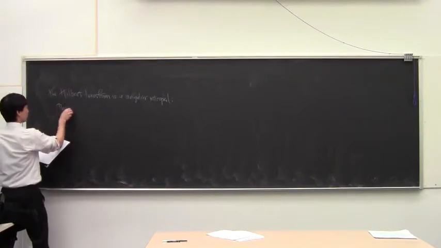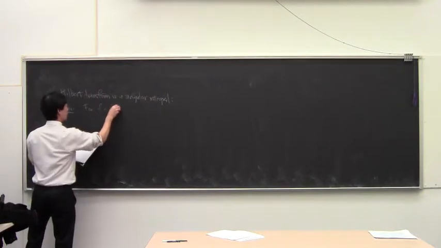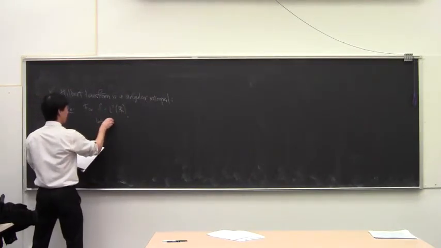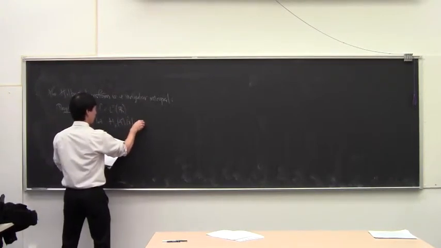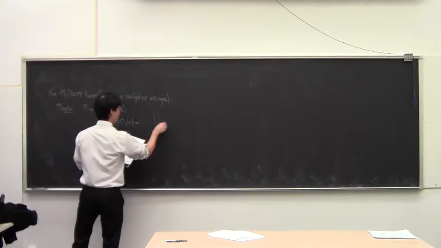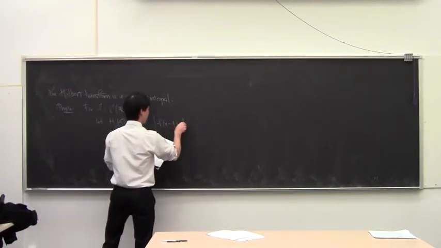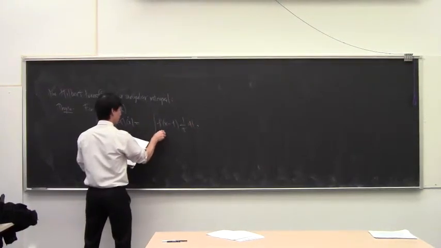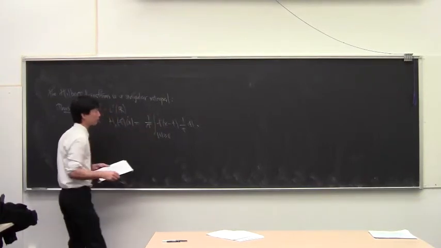So here's the proposition. For f in L2, let h sub epsilon be the integral of f of x minus t, 1 over t, dt, for t greater than or equal to epsilon, with 1 over some constant.